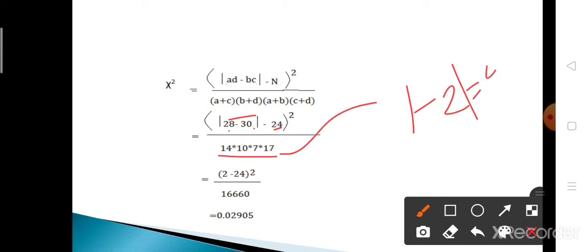So 2 minus capital N, which is 24, so 2 minus 24 is minus 22, its square, divided by 14 into 10 into 7 into 17, that is 16660. So minus 22 squared divided by 16660, the value is 0.0291.